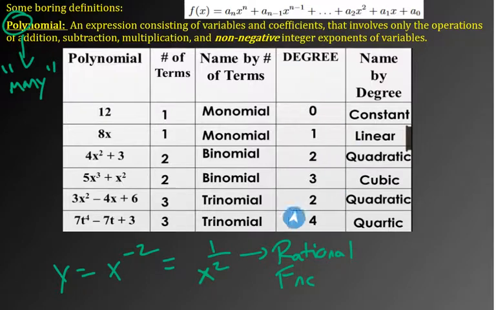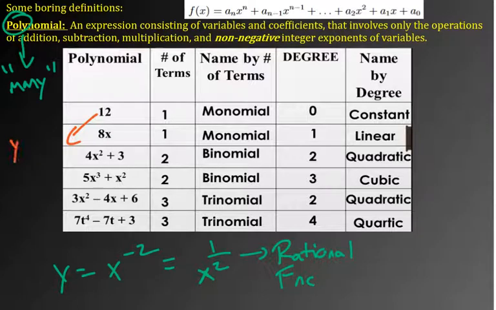Degree is about the exponents. Constant functions are polynomials. It's like you have x to the 0, because x to the 0 is 1.